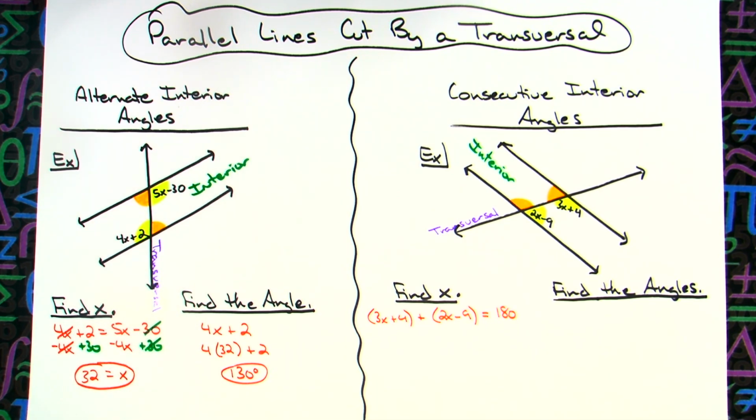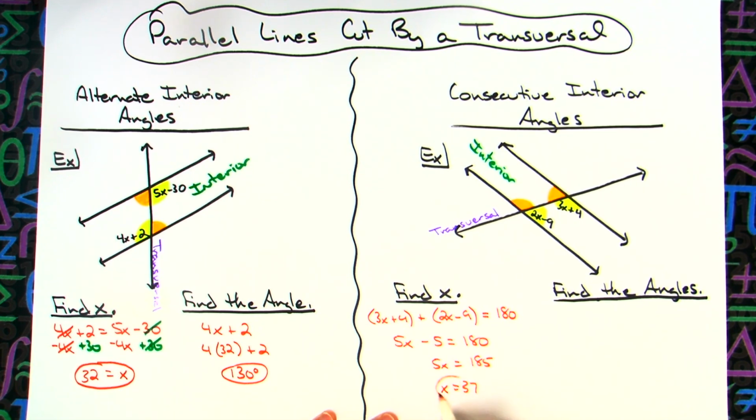Again, just a pretty straightforward equation. We're going to solve for x. Adding like terms, we'll have a 5x. That 4 minus 9 will be a minus 5, set equal to 180. If I add 5 to both sides of the equation, 5x is equal to 185. And then dividing 185 by 5 gives me x equals 37.